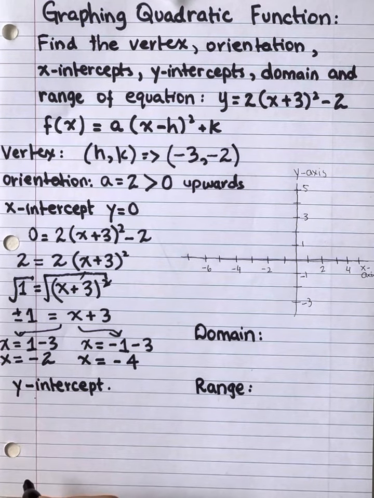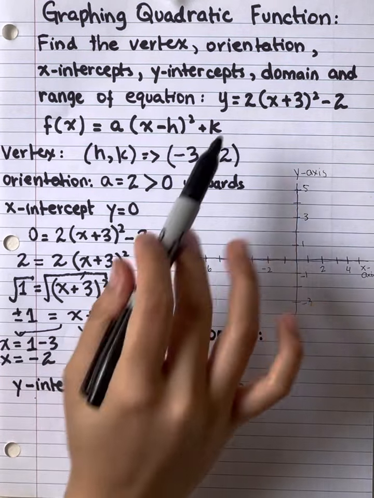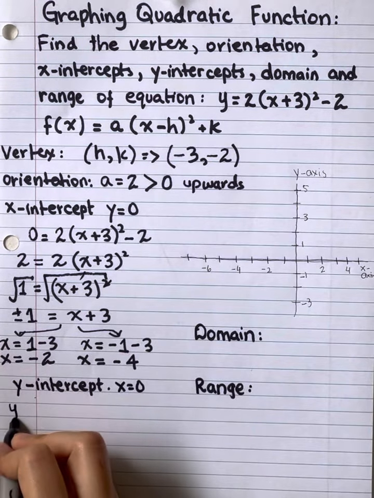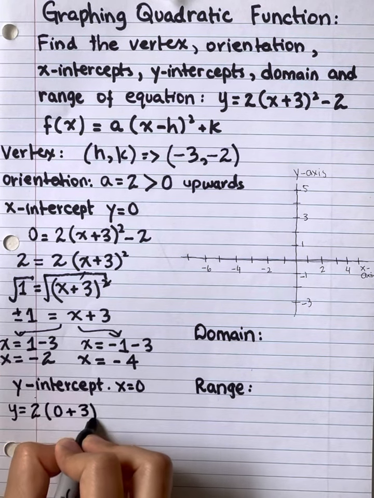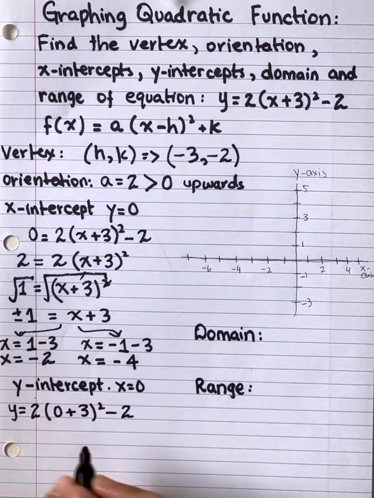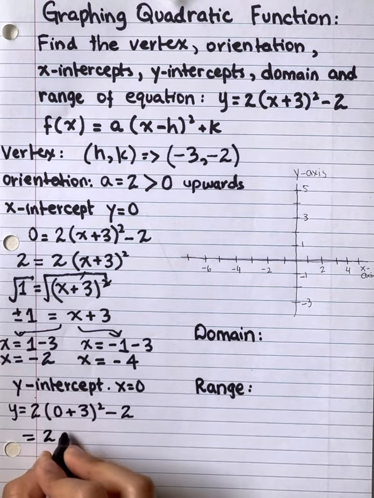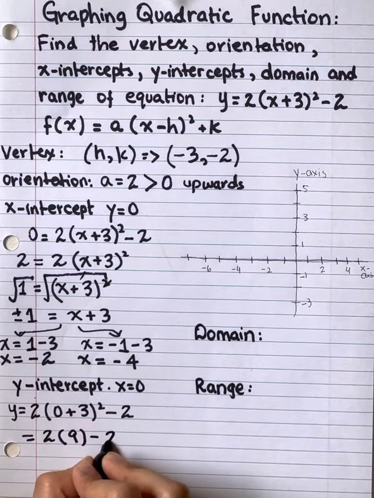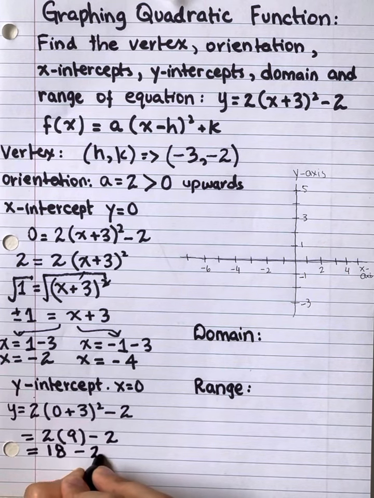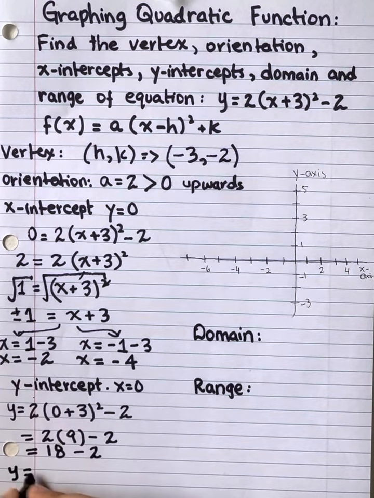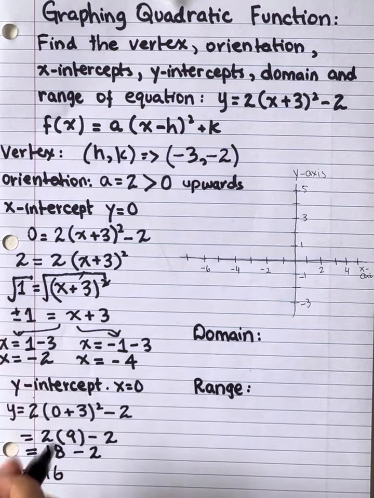Now for the y-intercept, we set x to 0 in this equation. So y is equal to 2 times (0 + 3) squared minus 2. Solving for y: 2 times 9 minus 2 comes to 18 minus 2. So y is equal to 16. That's the y-intercept.